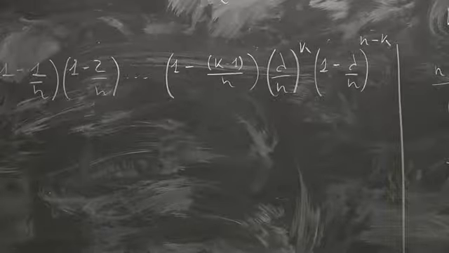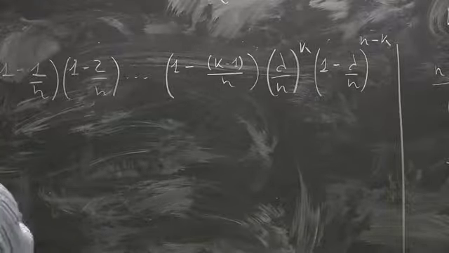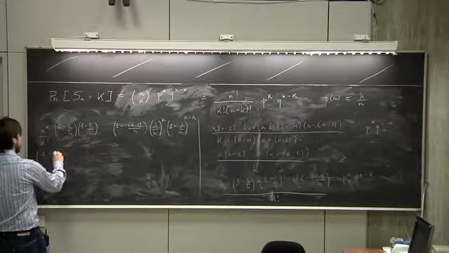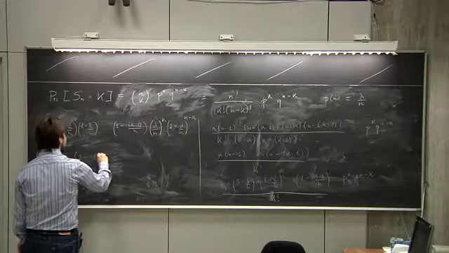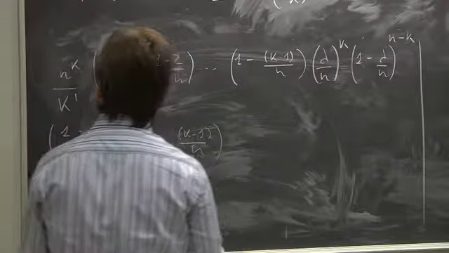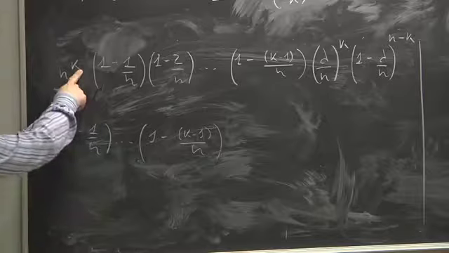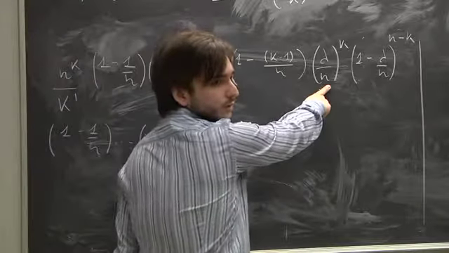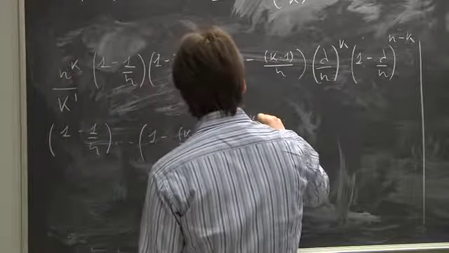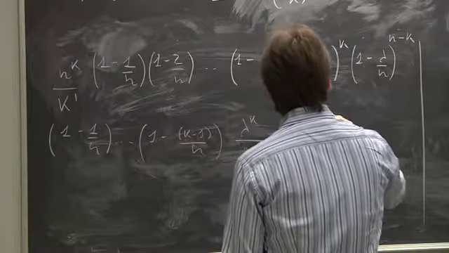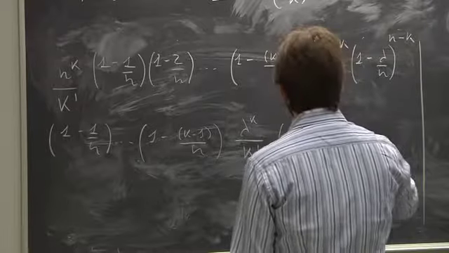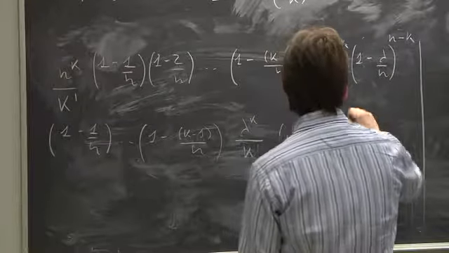Is it clear? So now I'll just rearrange the terms a little bit. 1 minus 1 over n, and so on, up to 1 minus k minus 1 over n. And then you see this n to the k just cancels out with this one. You end up with lambda to the k over k factorial, and 1 minus lambda over n to the n.